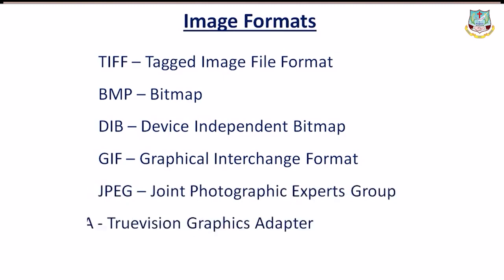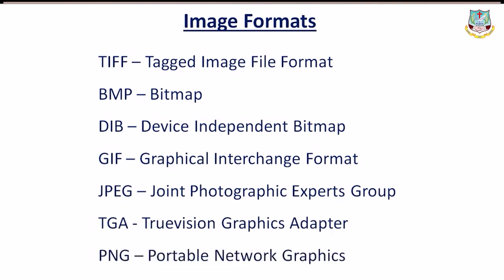Next one GIF, as we all know, small graphics given in an image, that is Graphics Interchange Format, GIF. Then next one JPEG. JPEG means Joint Photographic Experts Group. Next one is TGA. In the book they have given TAGRA, but the correct expansion of TGA is Truevision Graphics Adapter. And next one is PNG, Portable Network Graphics.